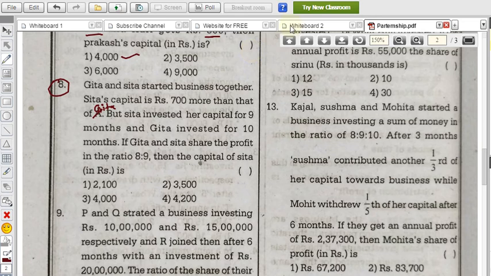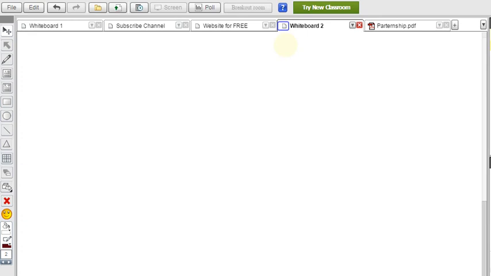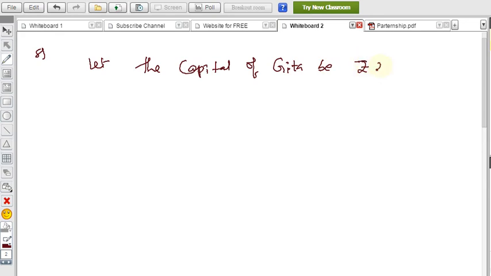That's why I'm taking Geeta's capital as X. Geeta is not dependent; only Sita's capital is depending on Geeta.